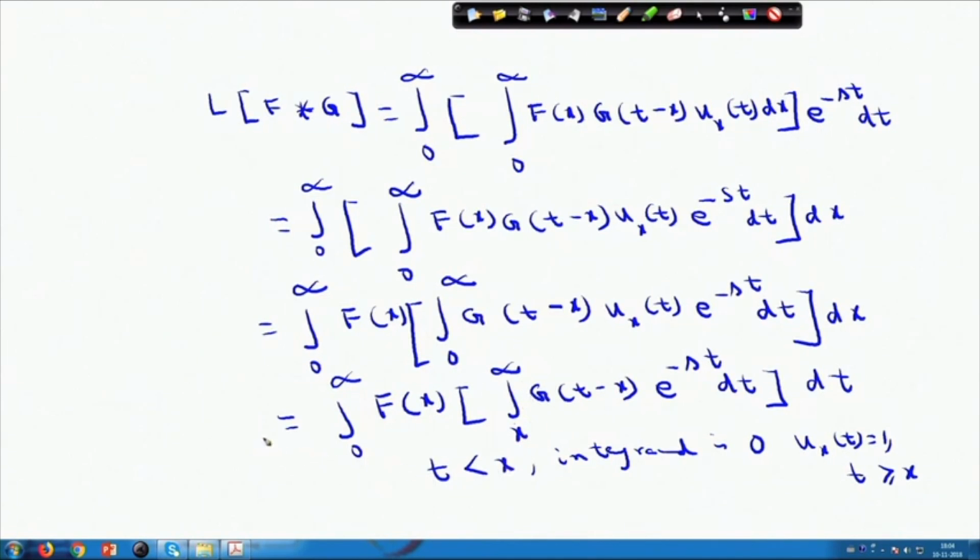Now, on this particular integral, substitute t minus x equals mu.